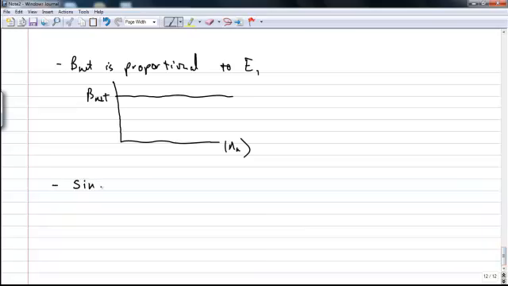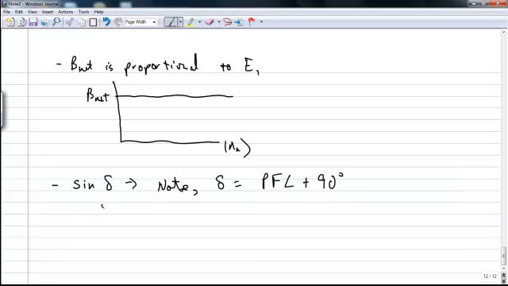Sine delta. Let's think about this sine delta term. Delta is the angle between B net and BR, and note delta is equal to the power factor angle plus 90 degrees.